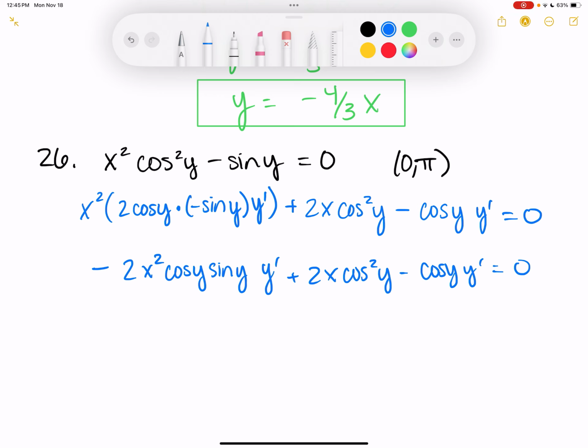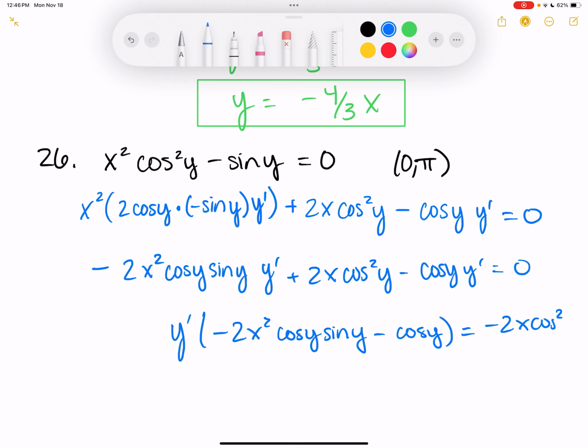Terms with a y prime need to stay. I'm going to leave them, but also factor out the y prime at the same time, because I need to get y prime by itself. So y prime times negative 2x squared cosine y sine y minus cosine y equals negative 2x cosine squared y.